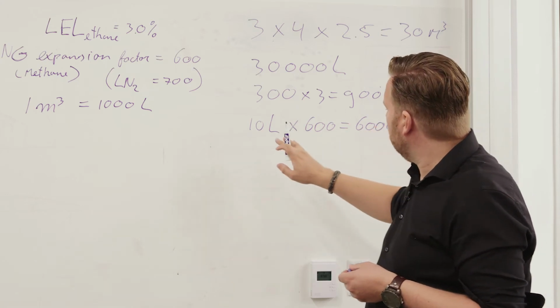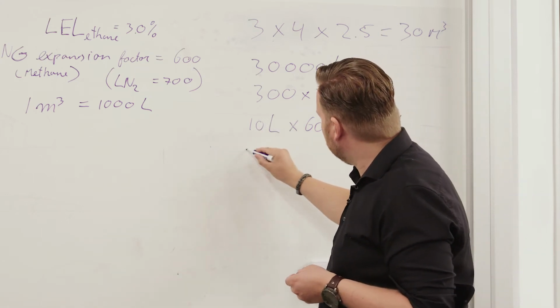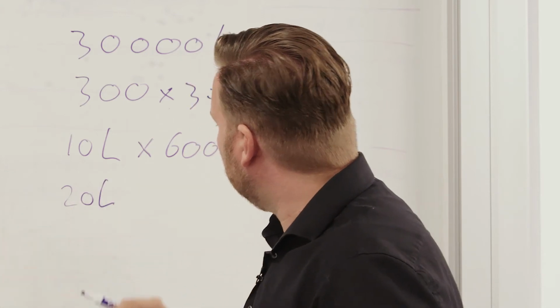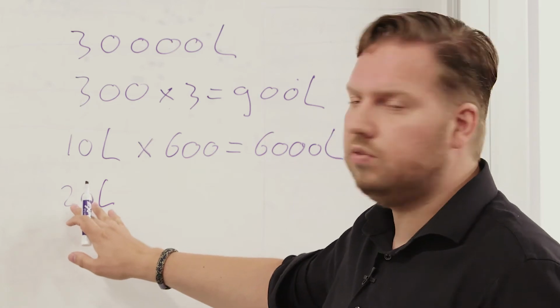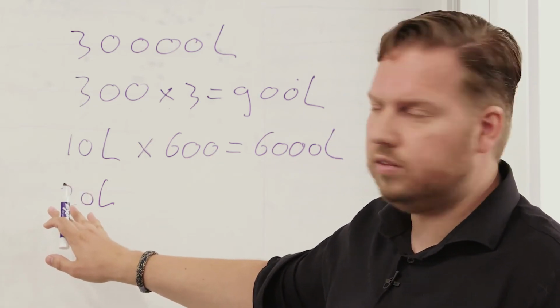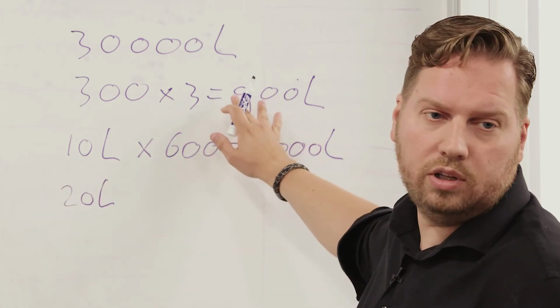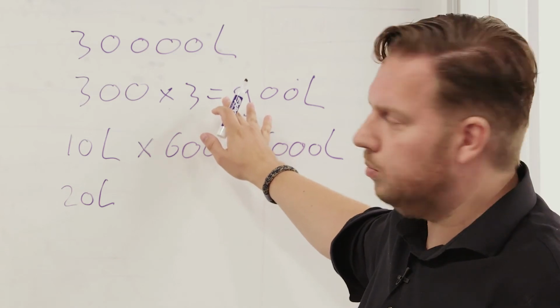Then if you have a gas bottle of, say, 20 liters of gas in the open space, that would be perfectly safe, because this 20 liters of ethane gas is way below the 900 liters of the lower explosive limit.